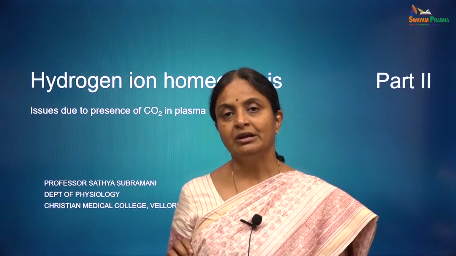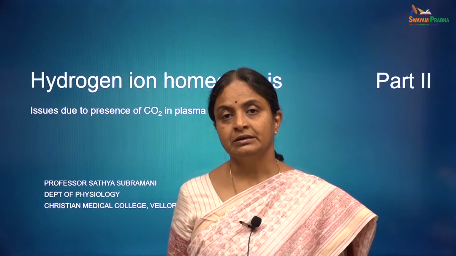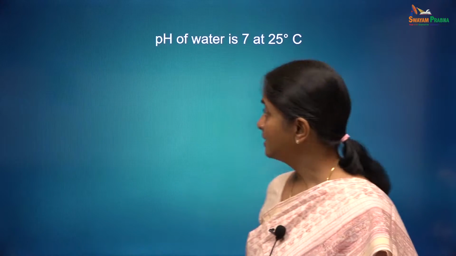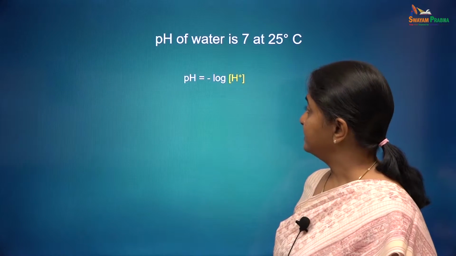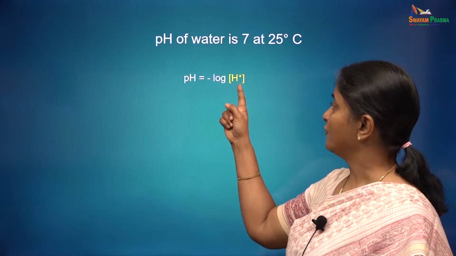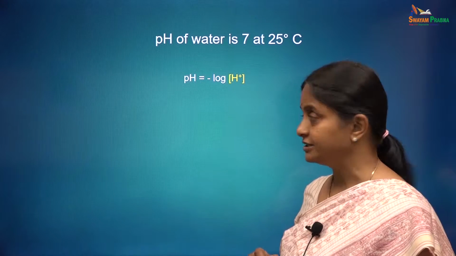To understand pH per se, we will look at some basic chemical concepts and the water equilibrium per se. Water has a pH of 7, pH being the negative logarithm of the proton concentration in a solution.